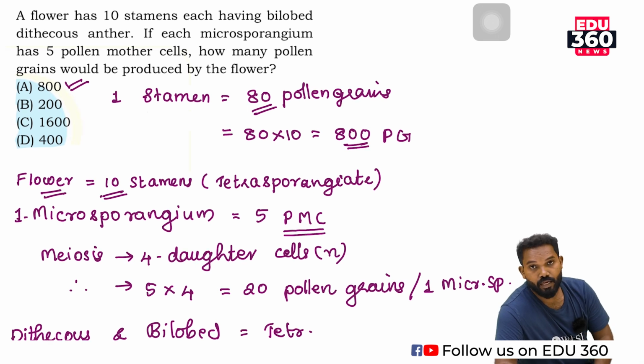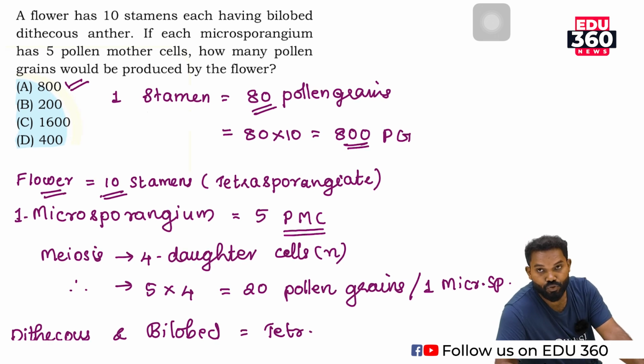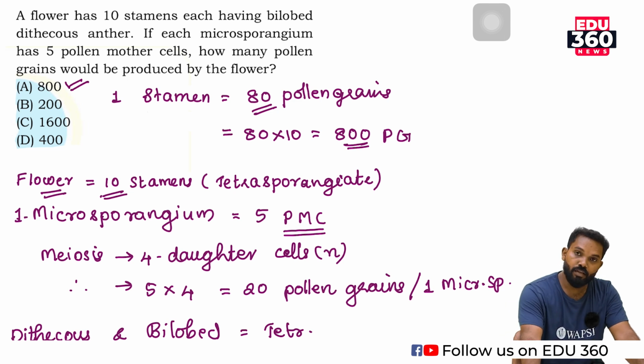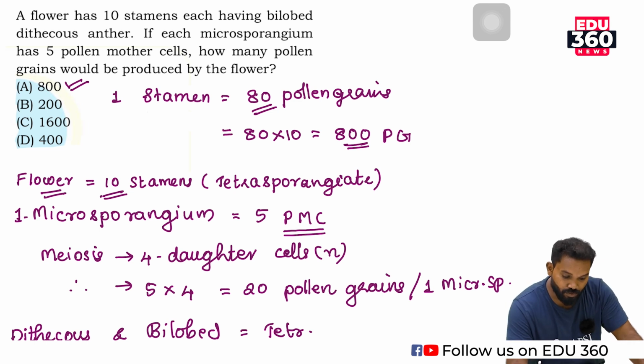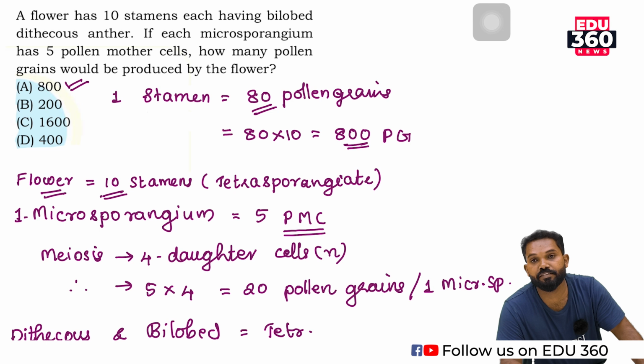If that flower contains 20 stamens, the answer will be 1600.